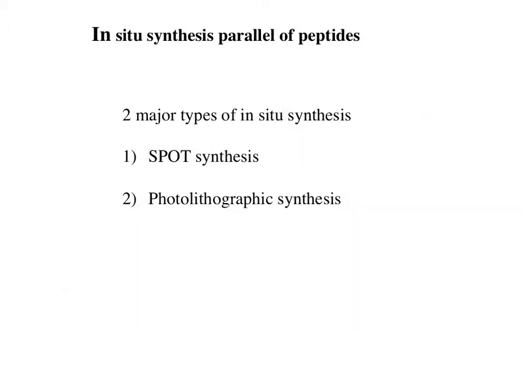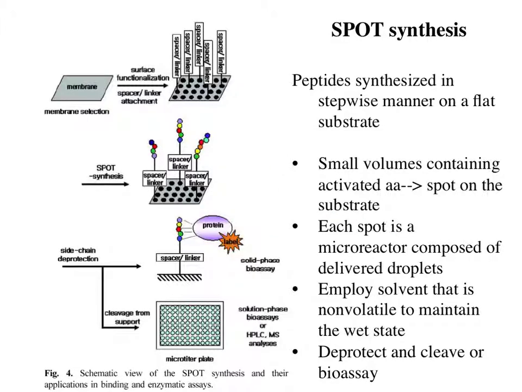In terms of in situ synthesis, parallel synthesis of peptides, there are 2 major types. One is spot synthesis, and the other is photolithographic synthesis. In spot synthesis, here you're using a cellulose membrane. You can also use polypropylene and glass as other substrates, but your peptides are synthesized in a stepwise manner on that substrate.